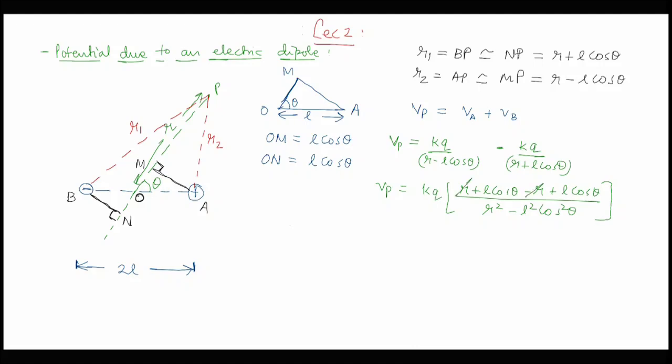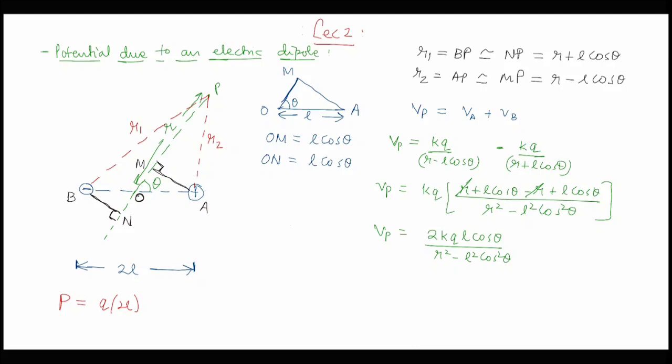And we can write it as Vp is equal to twice KQ L cos theta upon R square minus L square cos square theta. And the value of dipole moment is equal to charge into separation between the charges, that is 2L. So Q into 2L can be written as the value of dipole moment P.